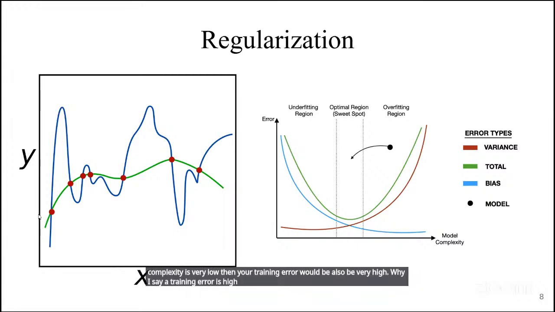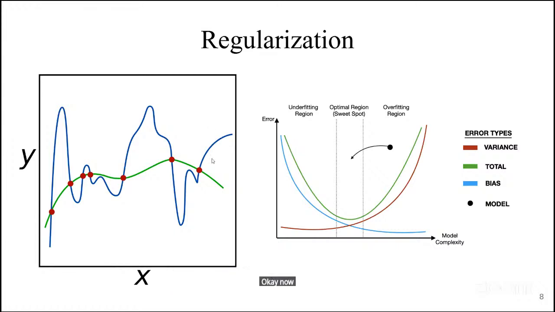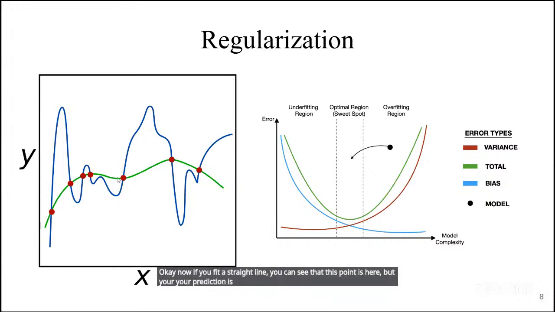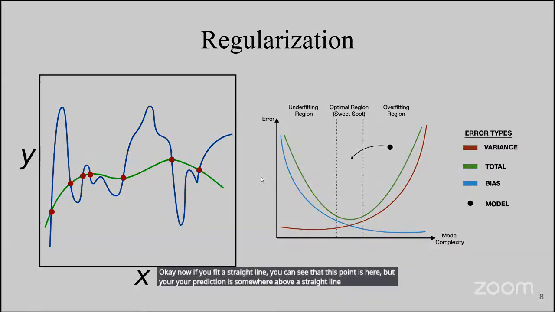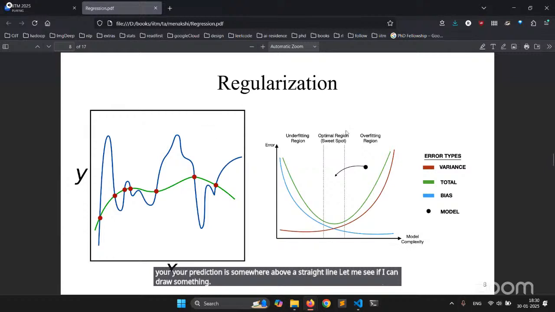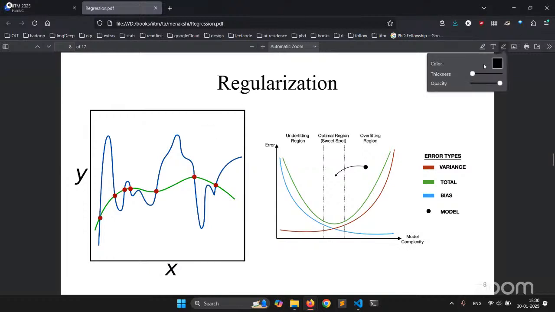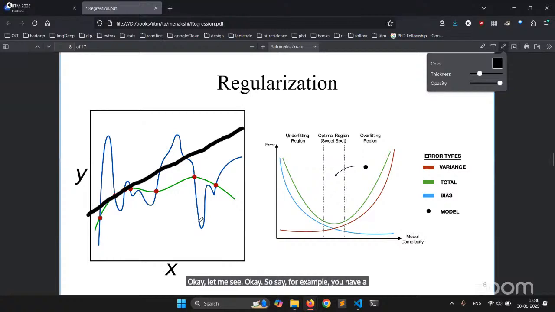Say for example, your model is a straight line. If you fit a straight line, you can see that this point is here, but your prediction is somewhere above the straight line. Let me see if I can draw something. Okay, say this is your model, the black color that I have drawn.